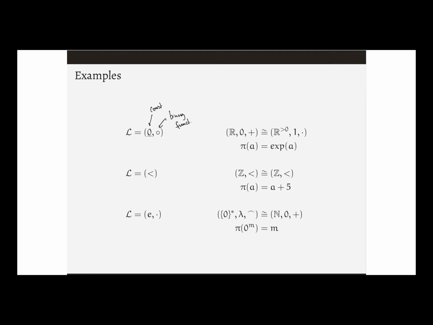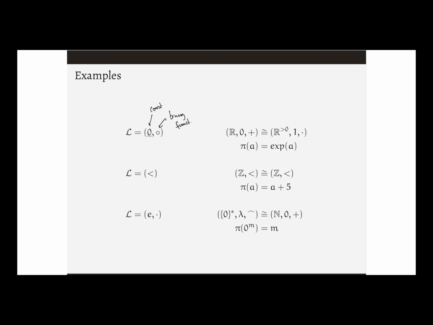The structures are, on the one side, the real numbers, interpreting the constant as 0, and the binary function is plus. The other structure is the positive real numbers. We now interpret the constant symbol here as 1, and the binary function is multiplication. And the isomorphism, of course, is given by the exponential function.